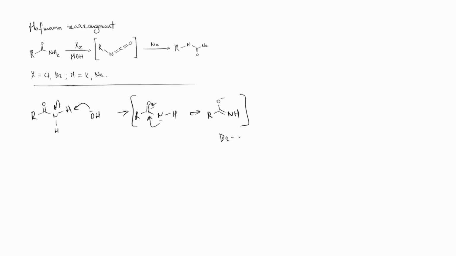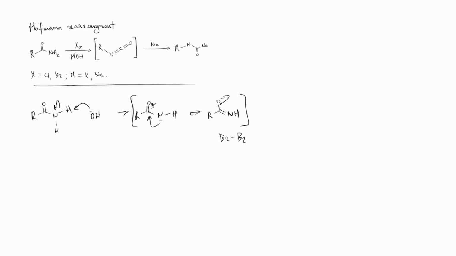Say we have bromine in our environment, that is the electrophilic source of halogens. It could be hypobromous acid as well, as the bromine in this case has a plus one oxidation state. Bromine Br2 would have 0 as its oxidation state.